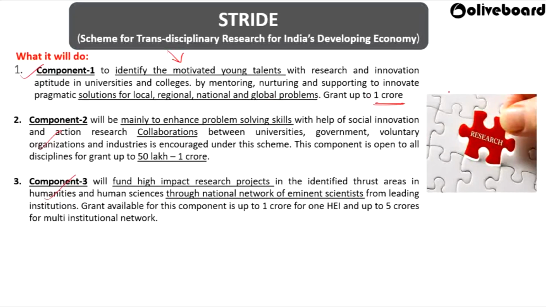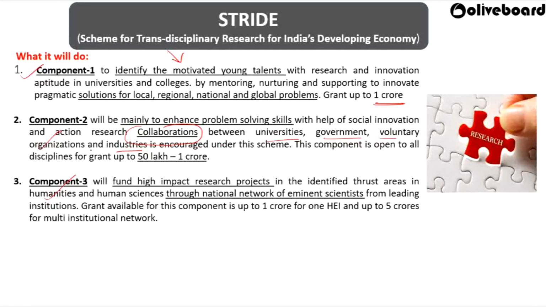Now, the second component will mainly focus on problem solving skills with the help of social innovation. Here we are doing collaboration between universities, government, voluntary organizations, and industry, so that we can have the ideas of all these places, and through their ideas we can make a good project out of it.